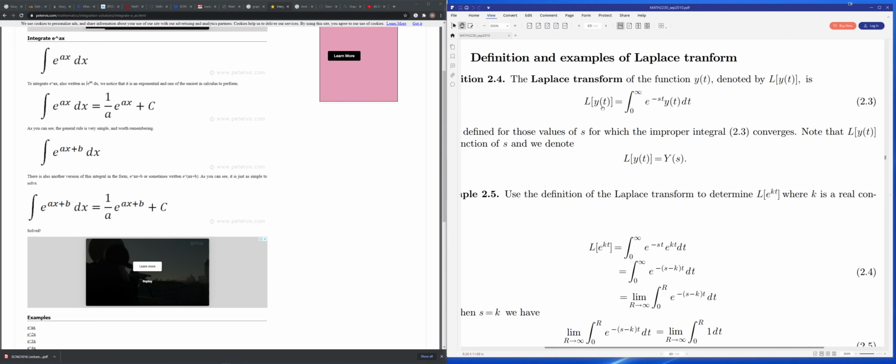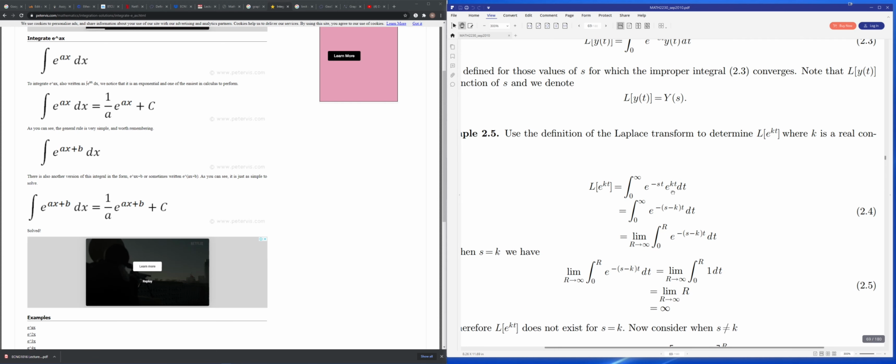So the Laplace of e to the kt is going to be the integral of e to the minus st times e to the kt. What I have is a product of exponentials. Before I start dealing with the improper integral, let me simplify the inside. When you have a product of exponentials with the same base, you can add the powers.